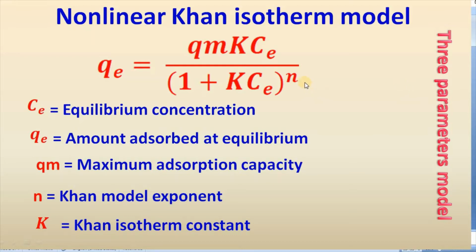It is clearly seen that when n equal to 1, then it becomes the Langmuir isotherm.